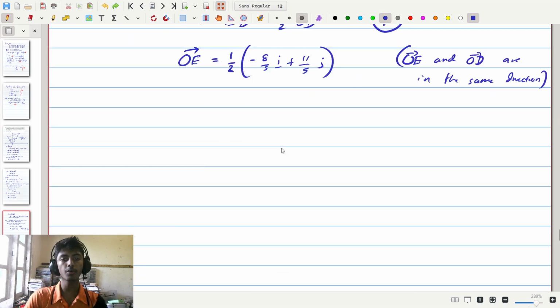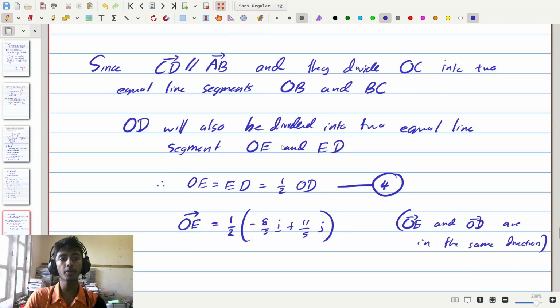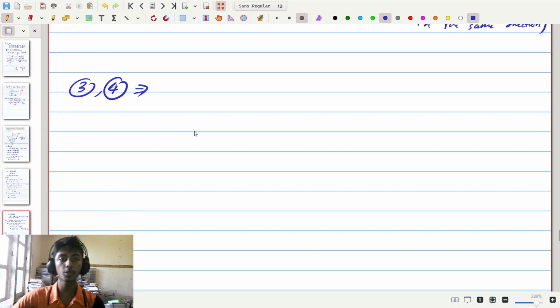So solving for mu, from 3 and 4, if I substitute the E vector into the above, I'm going to get E vector minus A vector, which is half of this thing.